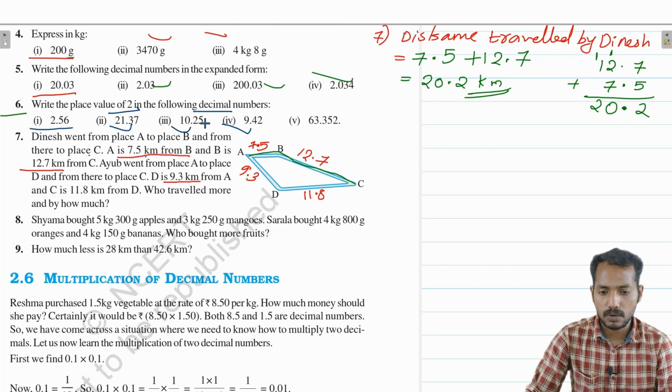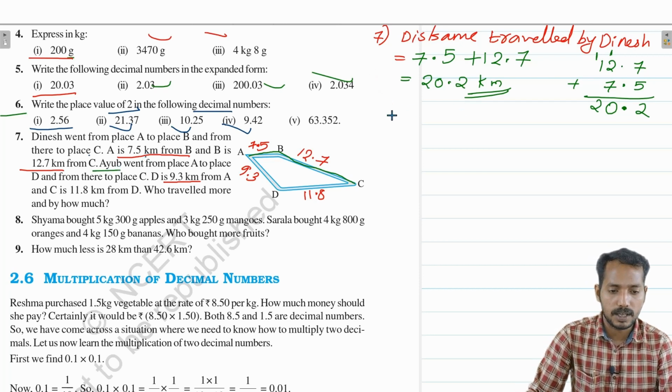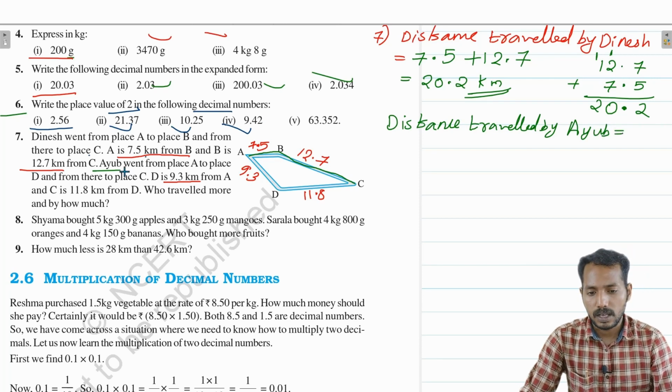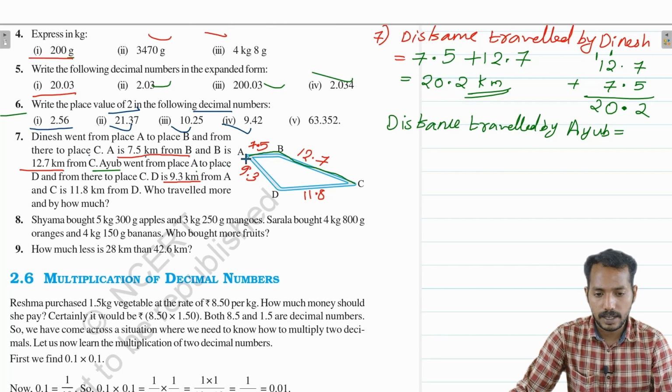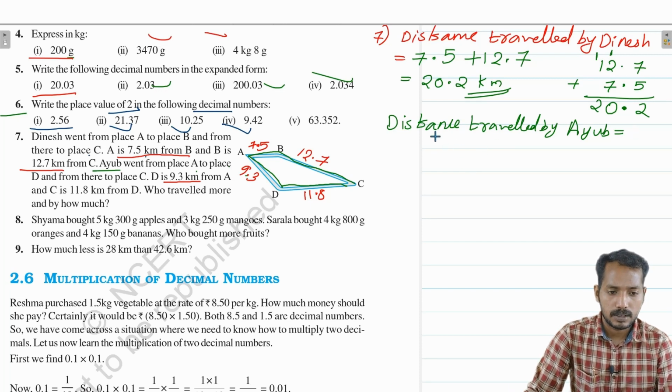Now the next distance, in case of Ayub. The distance traveled by Ayub: he went from A to D, and from D to C. So the total distance is 9.3 plus 11.8.